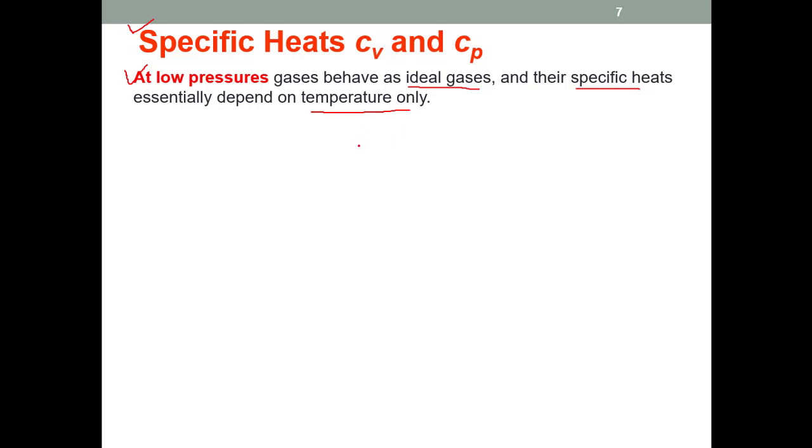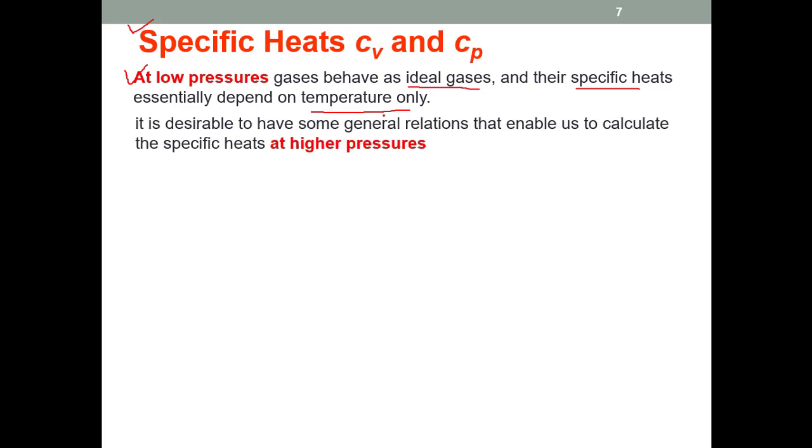They are functions of temperature only at low pressure, or in other words, when they are treated as an ideal gas. But there are situations where the pressure of the gases is very high, and high pressure means they behave as real gases. So how do we calculate the value of Cp and Cv at high pressure, in the real situation? That's the objective of this slide.